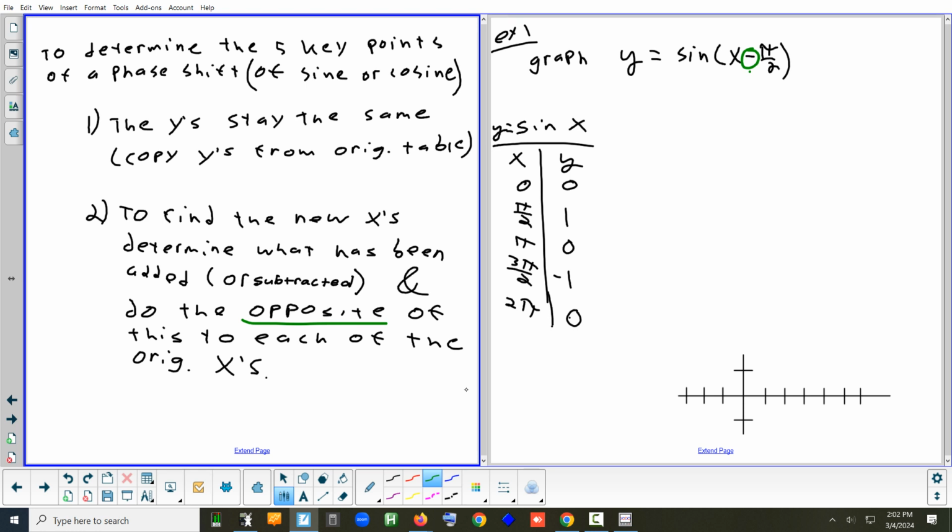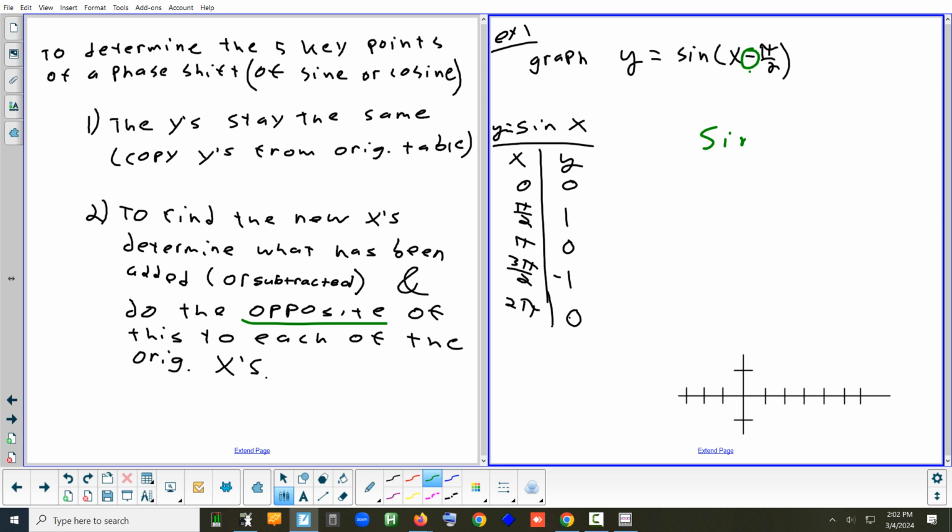Addition inside would also mean horizontal shift. When you have addition or subtraction outside, that's going to be a vertical shift. Okay, we're not looking at that today.